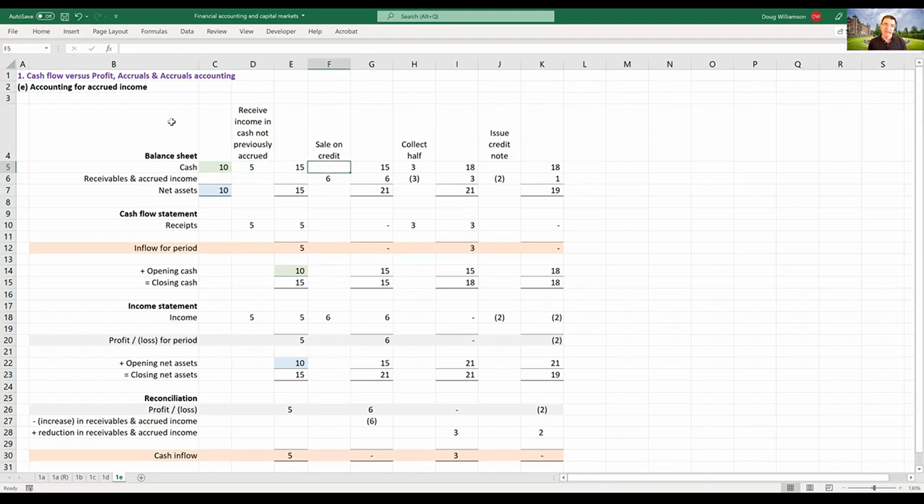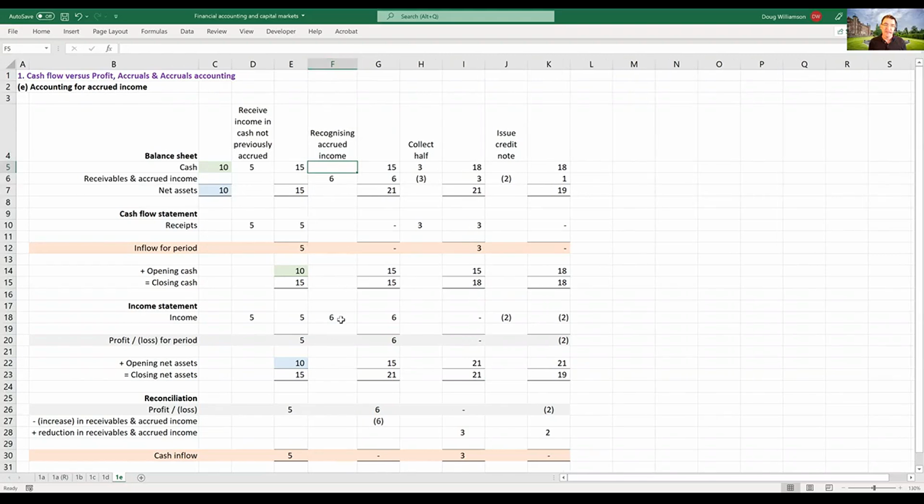It's rather similar to a sale on credit, but this would be recognizing accrued income. We've done the work. For that reason, we can include the income in the income statement.